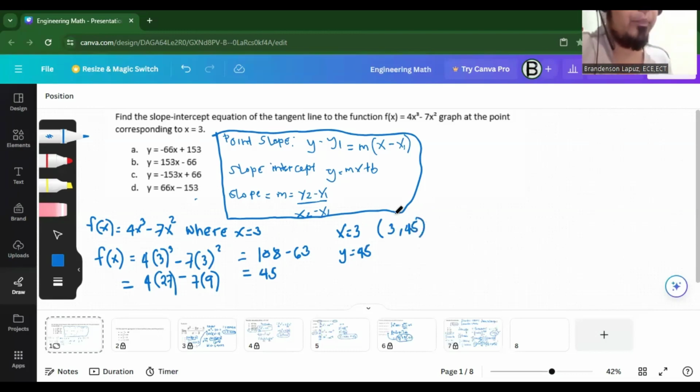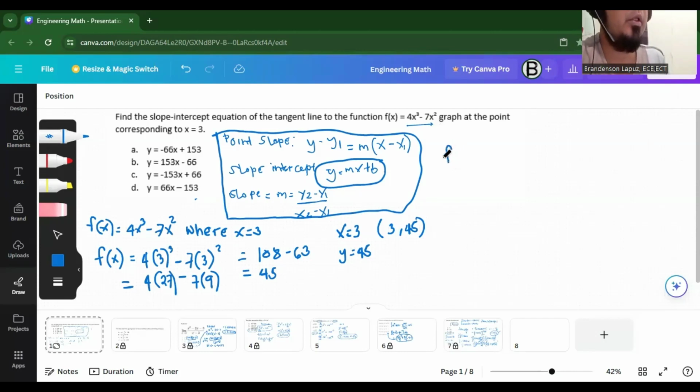Now, we were asked for the slope-intercept equation, so this is what we will use. And did you know that the slope is the derivative of this first graph?